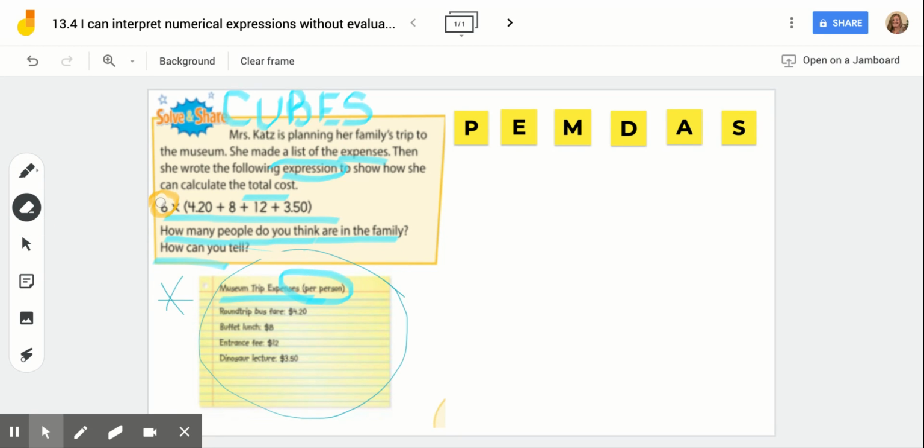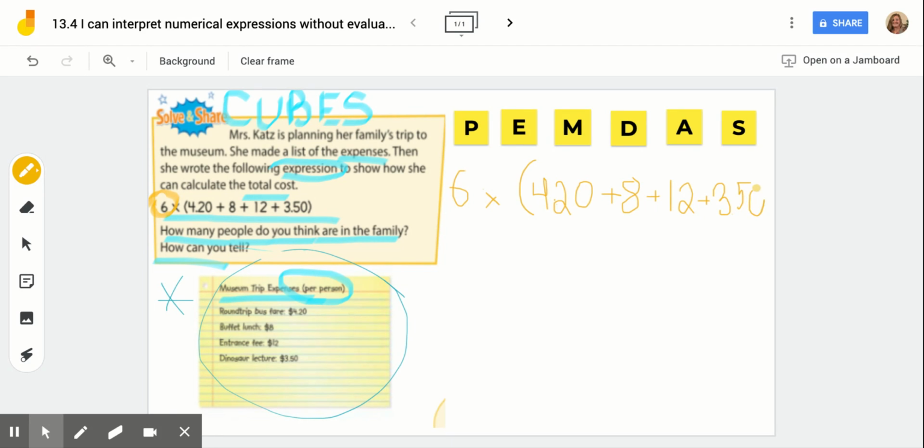in her family, because when you have an order of operations, so I have 6 times $4.20 plus 8 plus 12 plus 3.50.